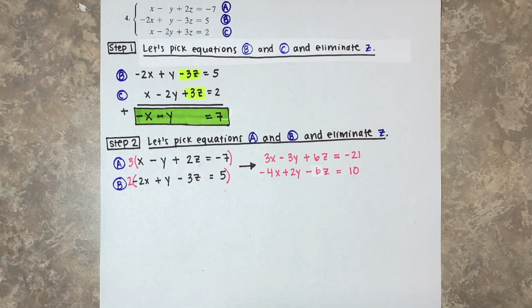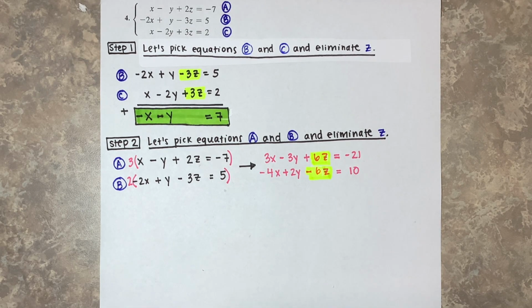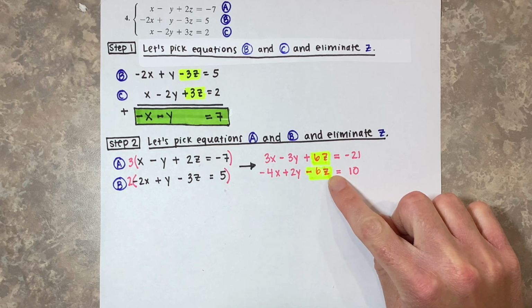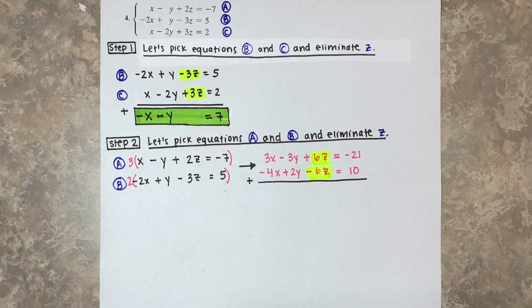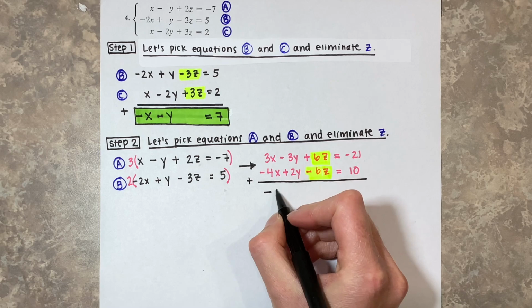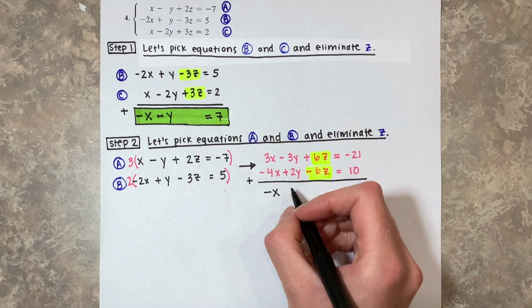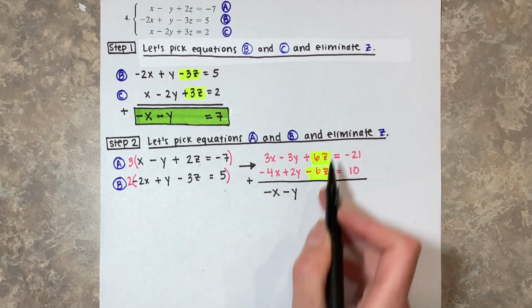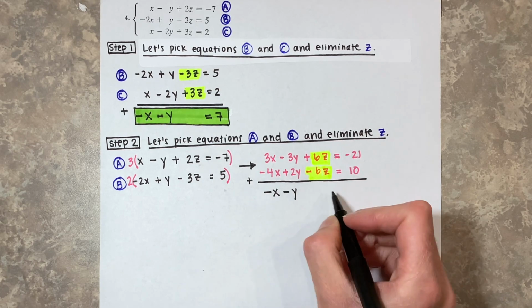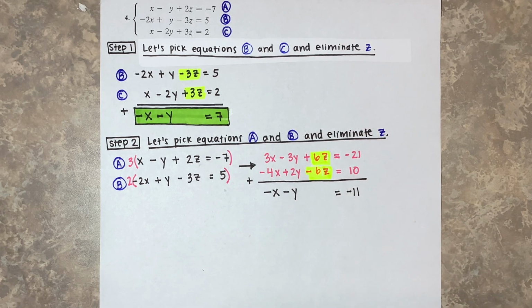Now it looks like we're on the right track because we wanted to eliminate the z's, and we've made it so that the z's have matching but opposite coefficients. So now let's add our equations together. 3x plus -4x will give us -1x or -x. -3y plus 2y will give us a -1y or -y. The z's will be eliminated. And -21 plus 10 will give us -11.